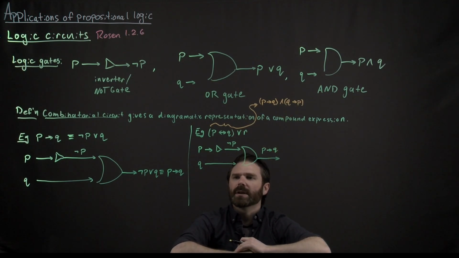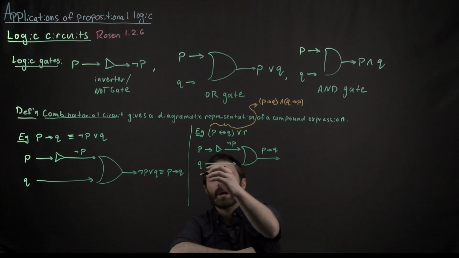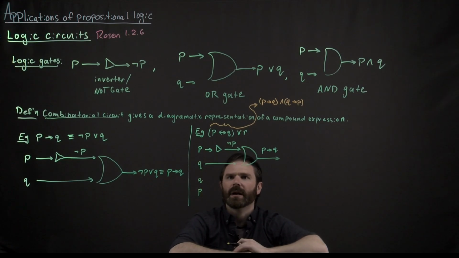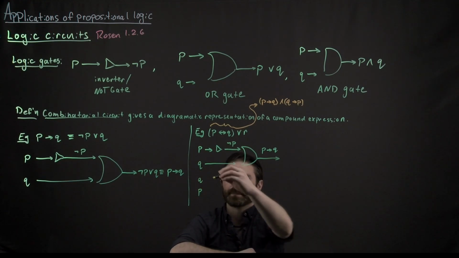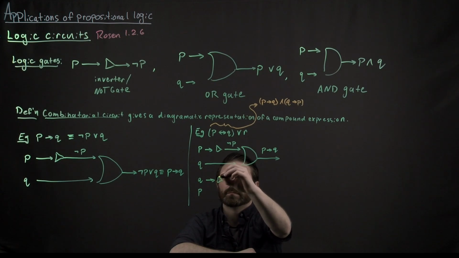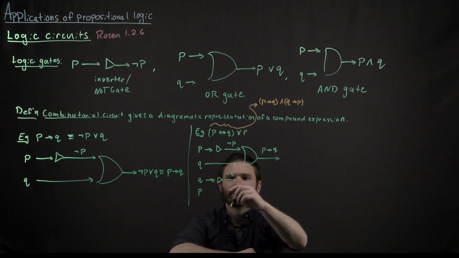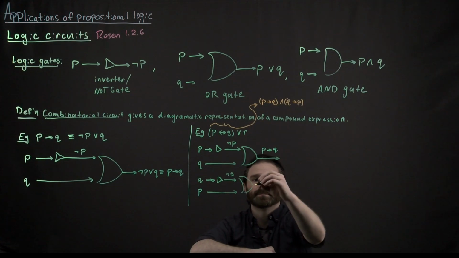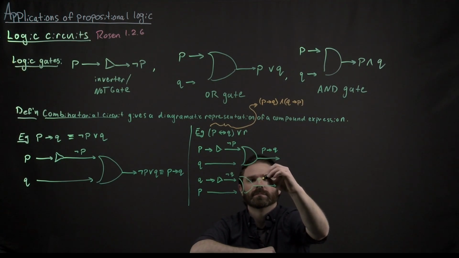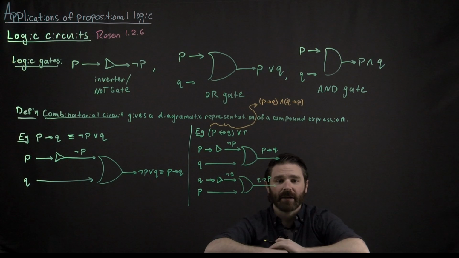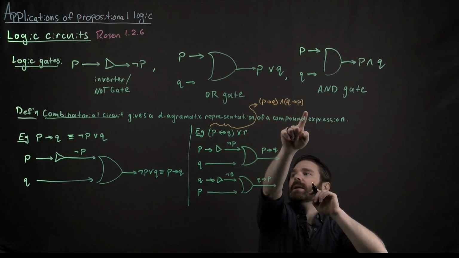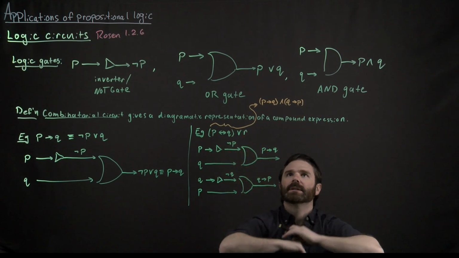So I'm going to write another Q right here, and a P right there, and do the same thing. I have my inverter gate. I have my OR gate. And I have my Q implies P.